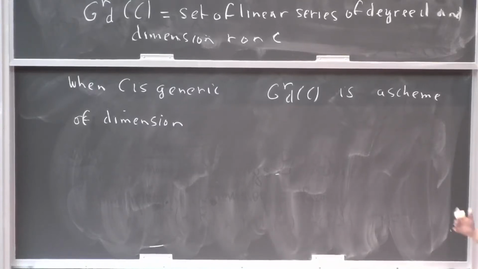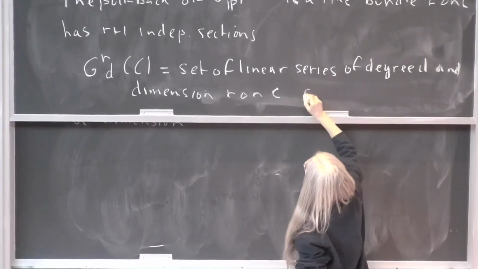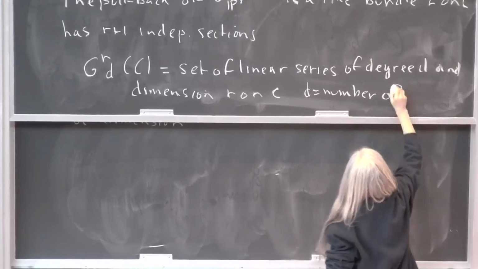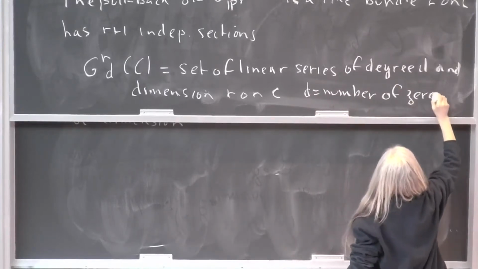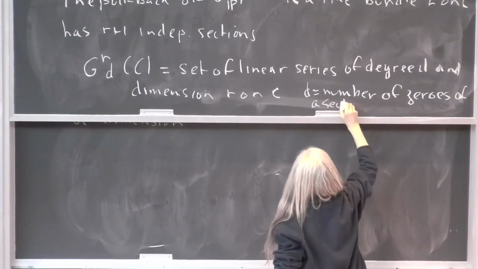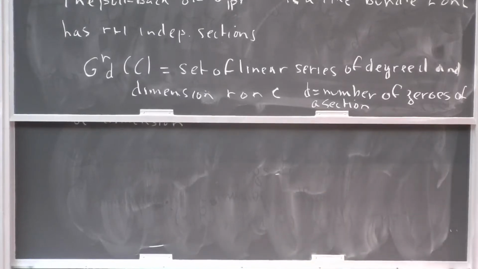The degree d is the number of zeros of a section. If you think in terms of the projective space, the hyperplanes intersect the curve in a finite number of points. You count the points, that's the d.